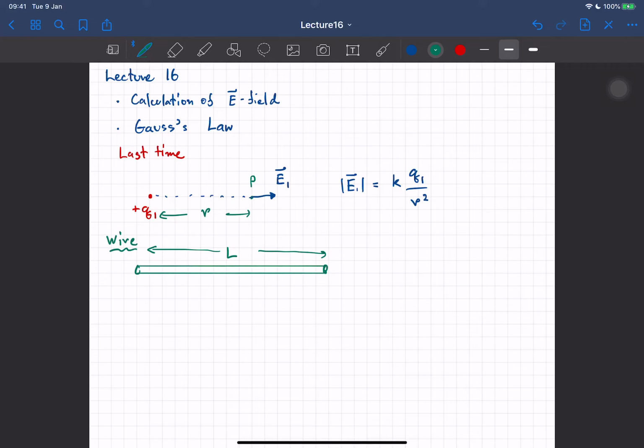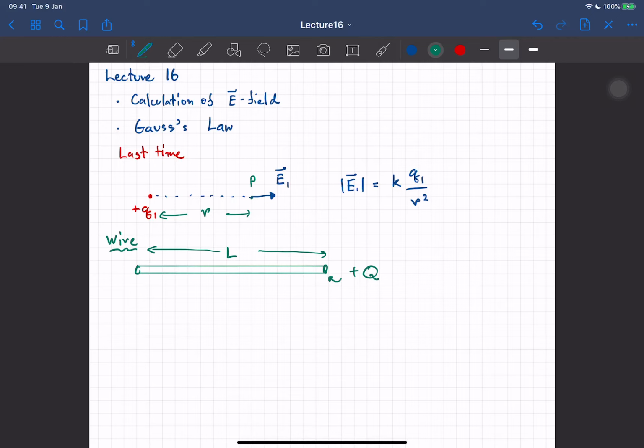And what we're going to do is we're going to put some charge plus big Q into this wire. Okay, so how exactly do you do that? Well, that's not really relevant here. So let's say you can do that by removing a few electrons from this metallic rod, right? That's probably the easiest way to do it.